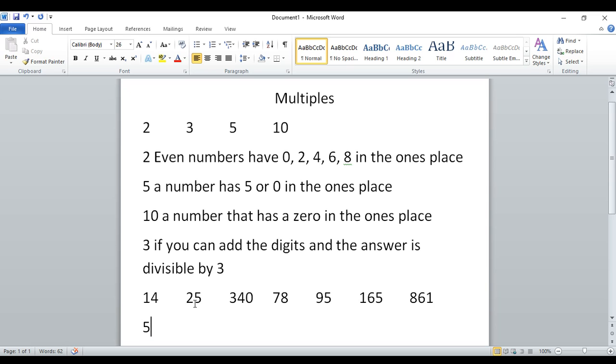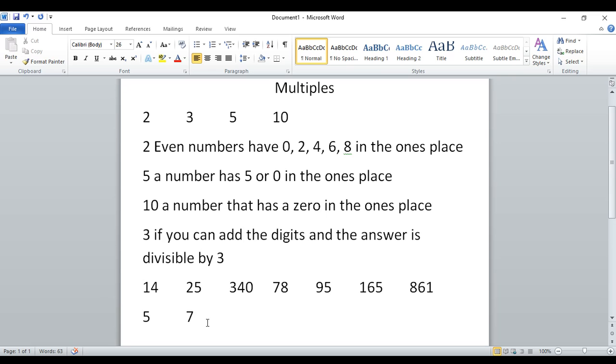You're never going to be able to get 25. And to do our little trick, what is 2 plus 5? Well, it is 7. Will 3 go into 7 equally without a remainder? It will not. So it won't work for 25.